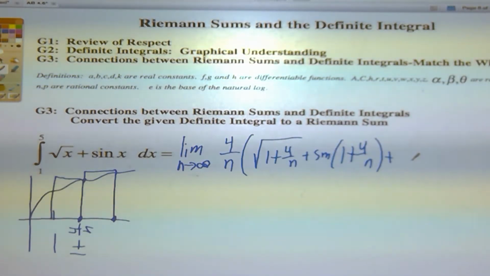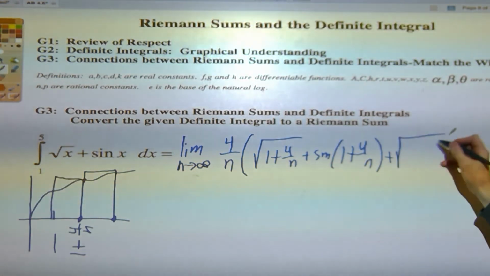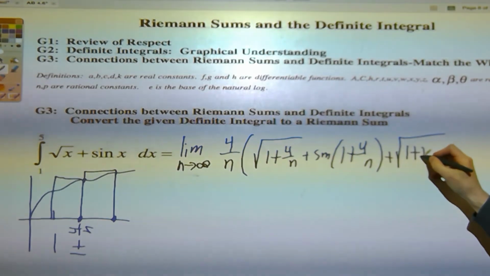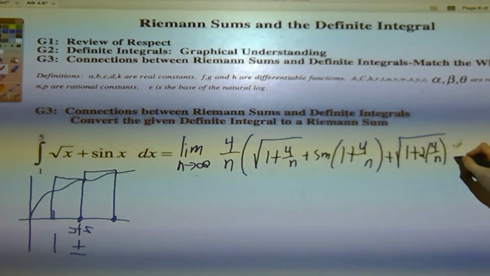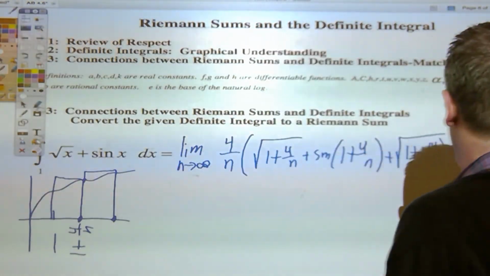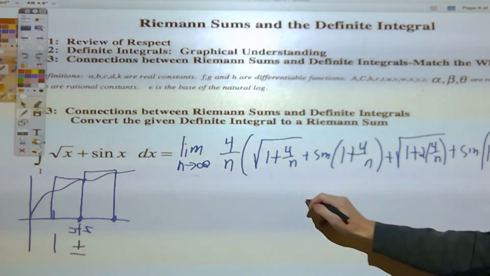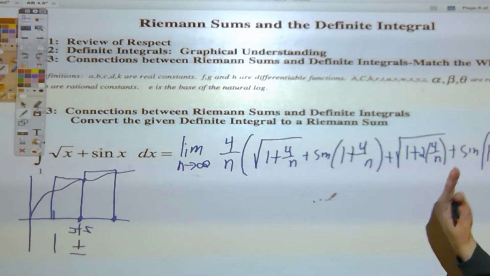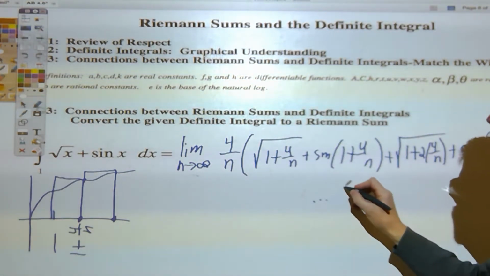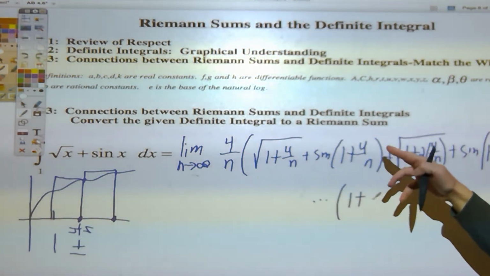And then the second golf ball is going to be 1 plus 2 times 4 over n. So I'm going to write square root of 1 plus 2 times 4 over n plus the sine of 1 plus 2 times 4 over n plus dot, dot, dot. And then the nth input will be 1 plus, not 1, not 2.